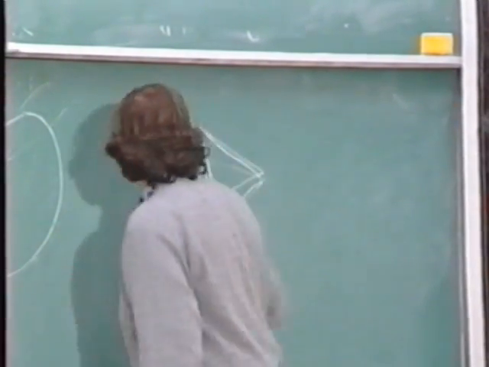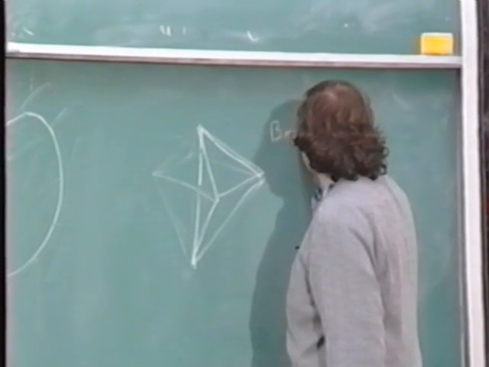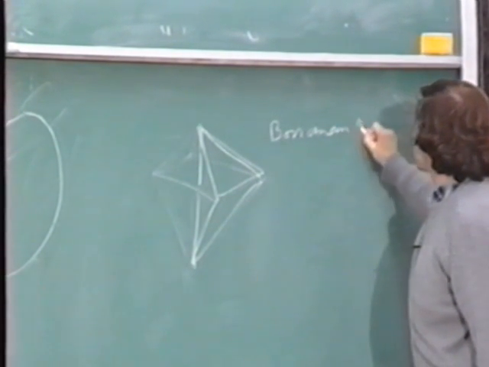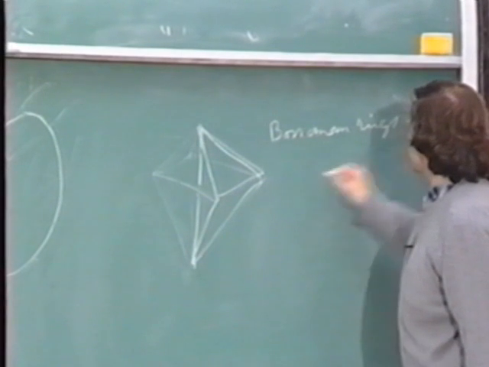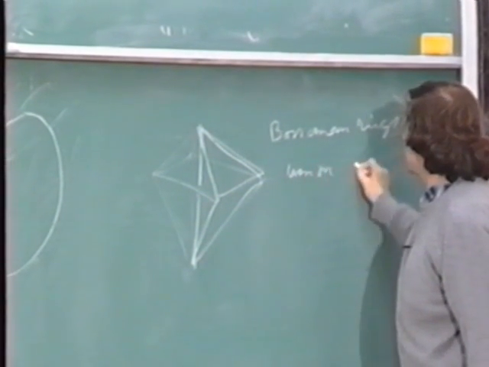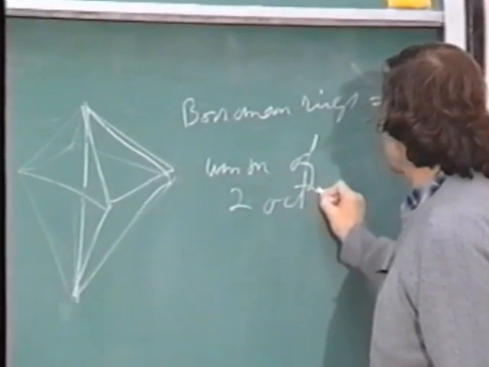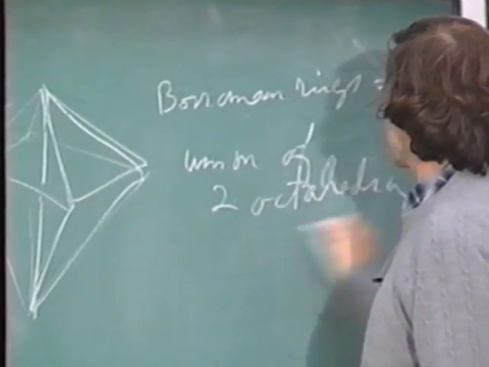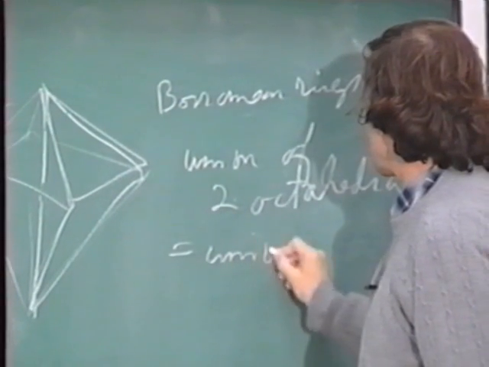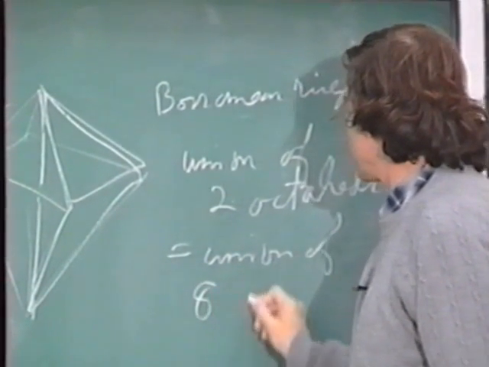So the Borromean rings complement is the union of 2 octahedra, which is the union of 8 tetrahedra.